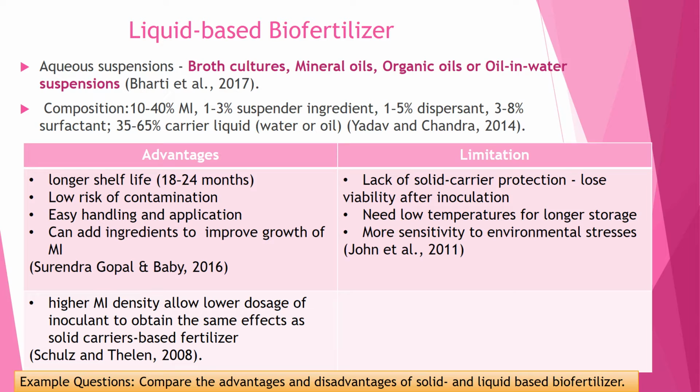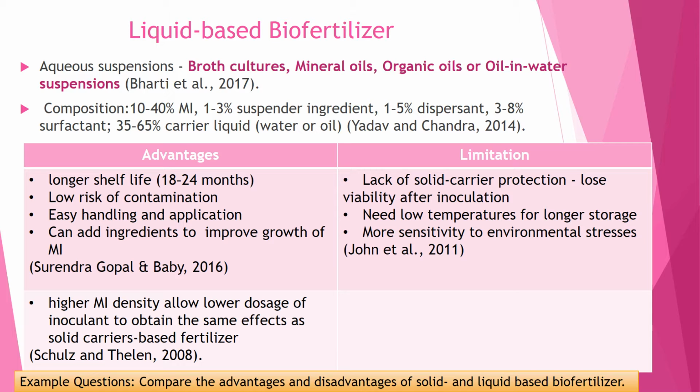So this compares the advantages and limitations of liquid fertilizer. This can be in the aqueous suspension. It can be just a broth culture added with mineral oils or organic oil. As I mentioned, it is like oil in water suspension. Typically, this will have about 10 to 40% of the microbial inoculant in the liquid biofertilizer as a MI product, and then added with about 1 to 3% of suspended ingredient.